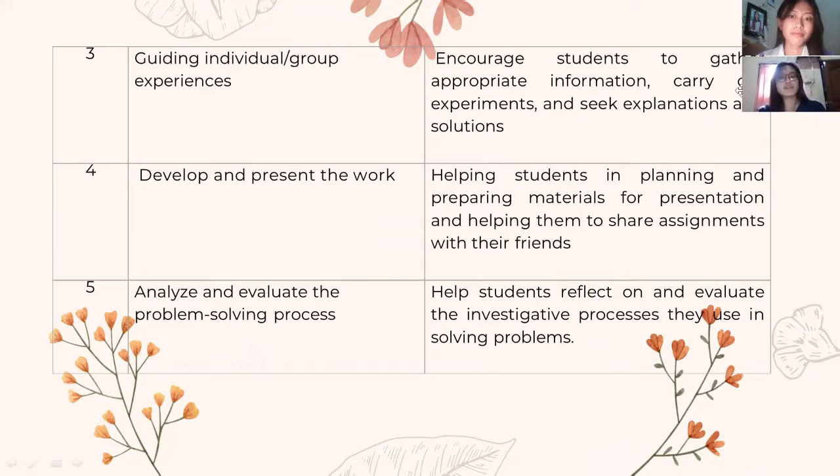On this occasion the teacher helps students in planning and preparing materials for presentation and helps them to share assignments with their friends. And the last is analyze and evaluate the problem-solving process. So the teacher helps students reflect on and evaluate the investigative process they use in solving problems.